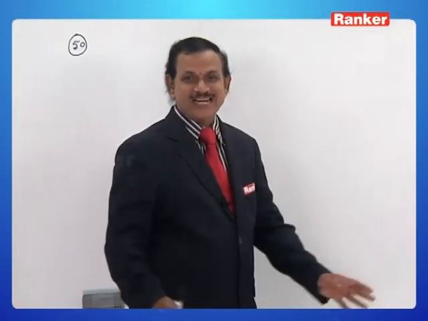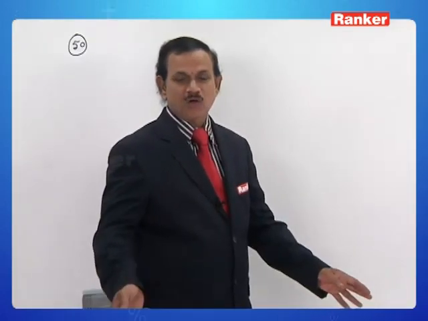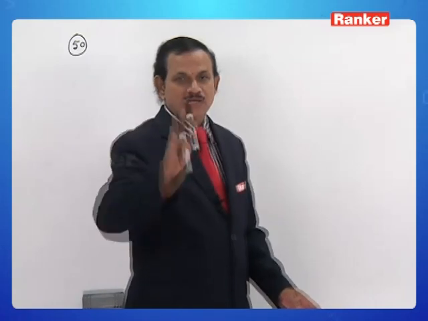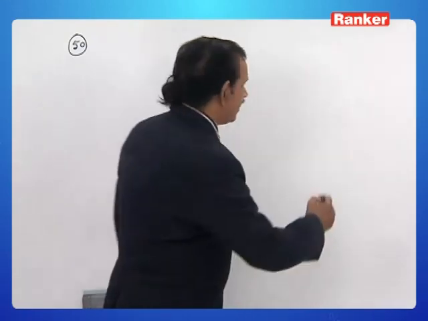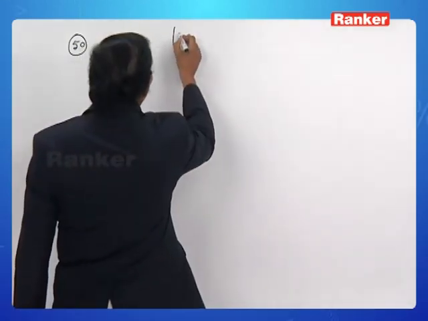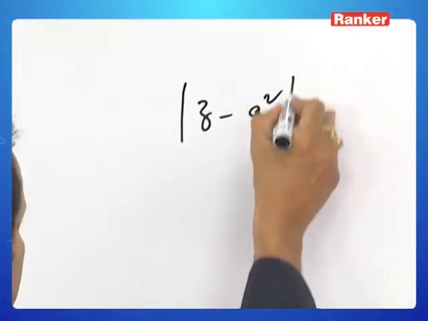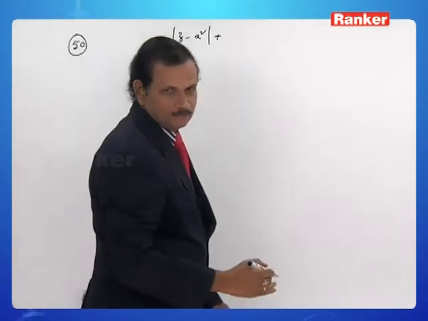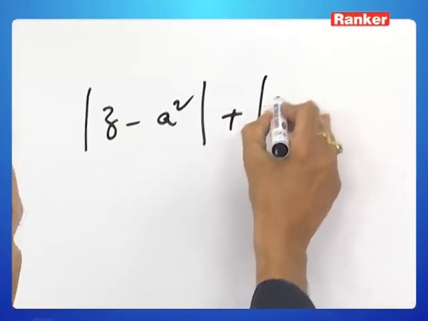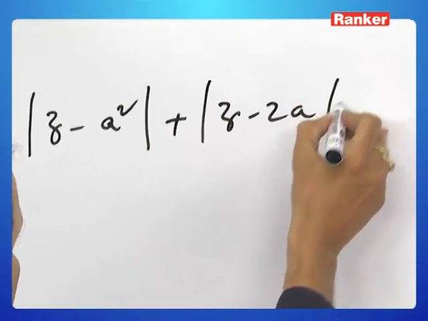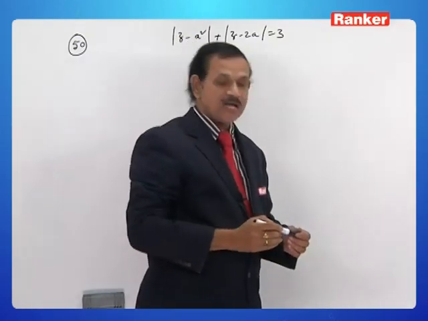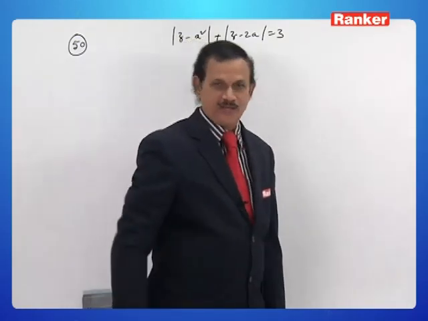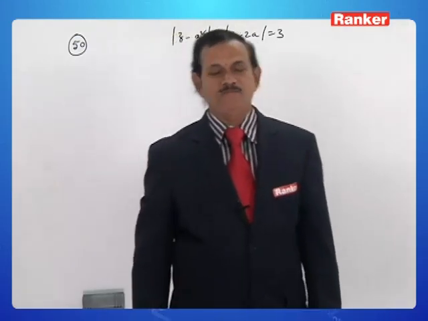First of all, what is z here? Complex number, which is always supposed to lie on an ellipse. And the equation of that ellipse is, of course, mod z minus a square plus mod z minus 2a is equal to 3. And he is asking about the range of a, where a is a positive real number.